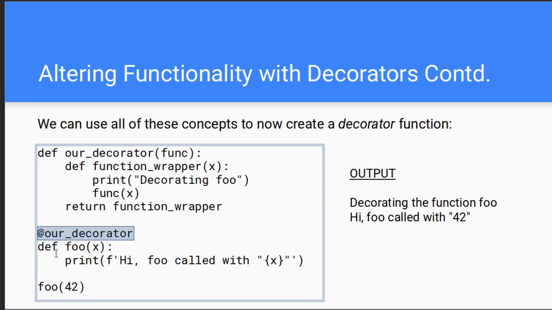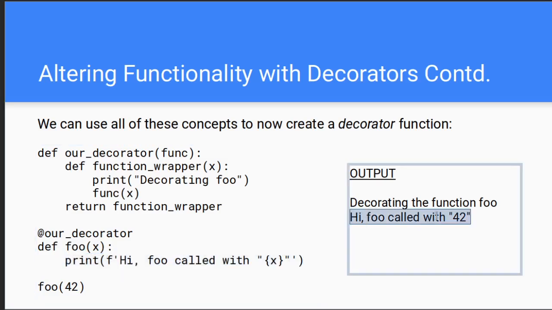So when we call foo, here's our function foo, which is decorated by our decorator function. It's going to expect a value, so we'll pass it 42. So this should say, hi, foo called with, or whatever it's called with, 42.